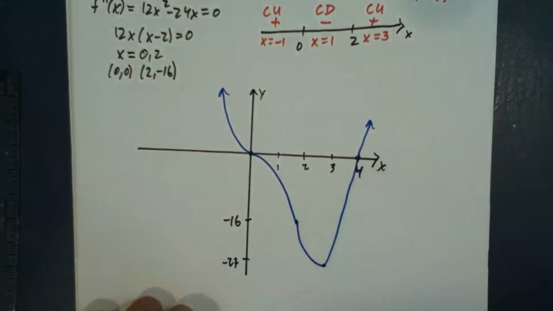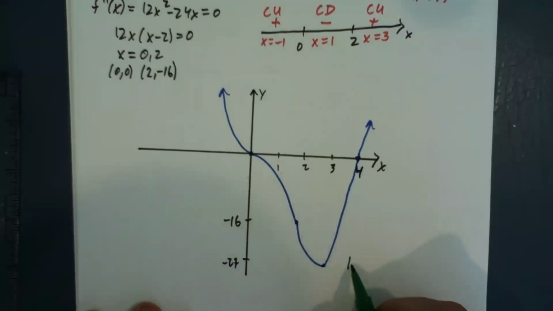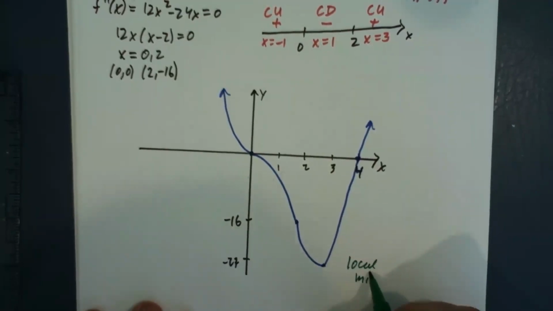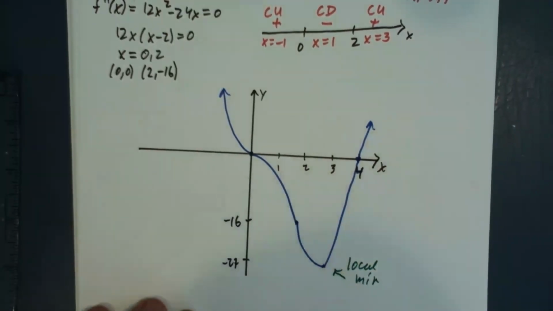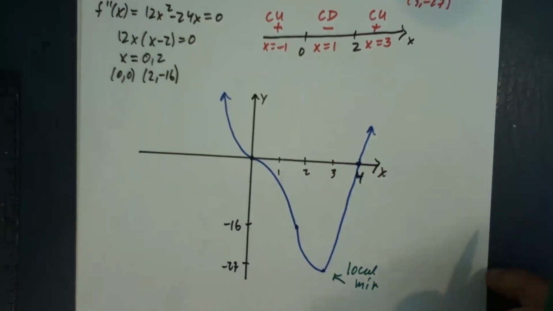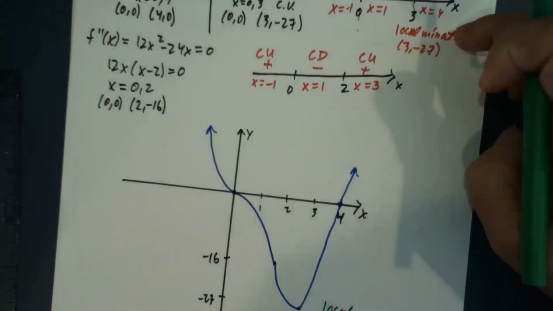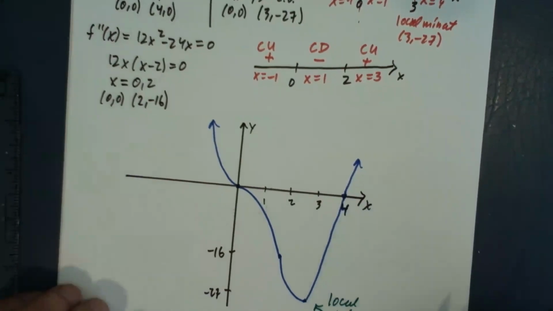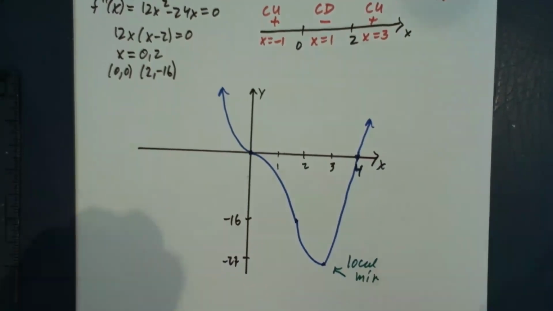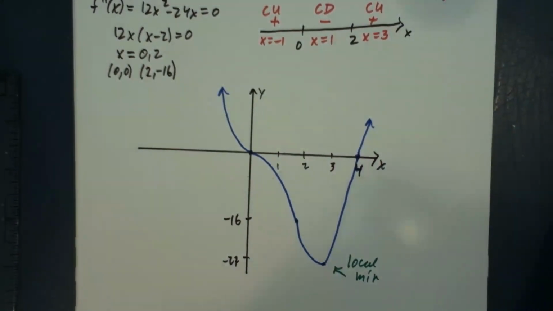We have a local min at our (3, -27), which is expected. And then we have another x-intercept at 4. There's a lot going on with that graph. A lot going on with this lesson, actually.